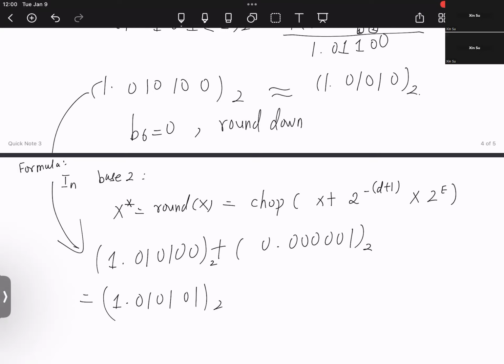But if we want to do the approximation and only keep 5 places after the decimal point, then we just keep the 5 places after the decimal point here. And that's the approximate number we want. And this is how you would use the formula to calculate the rounding up or rounding down. This is another way to do it. This is a general formula.